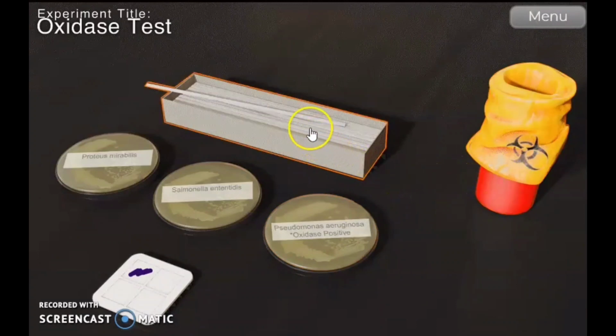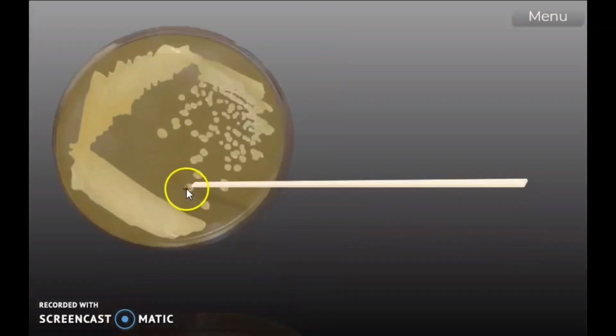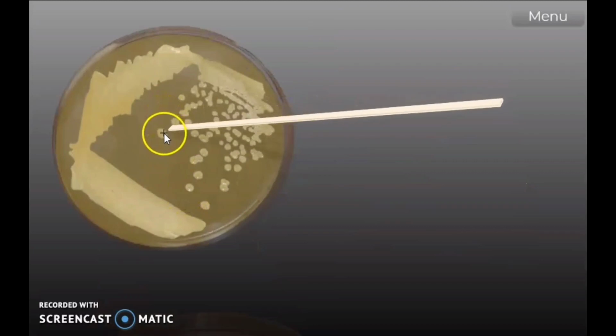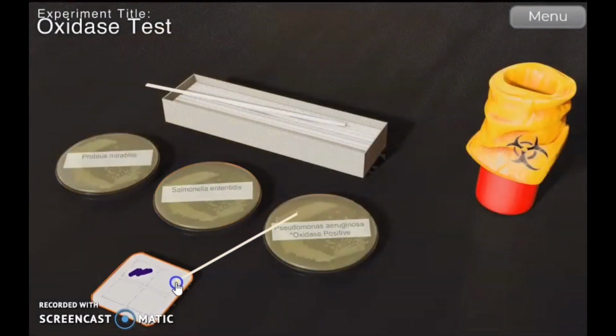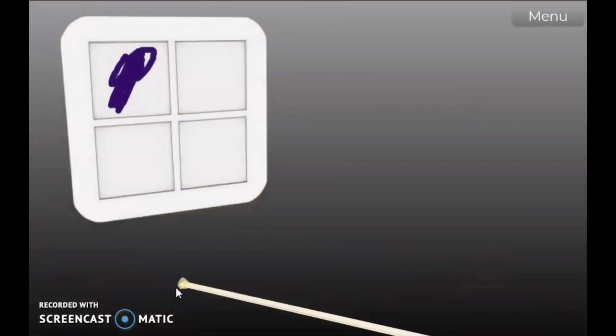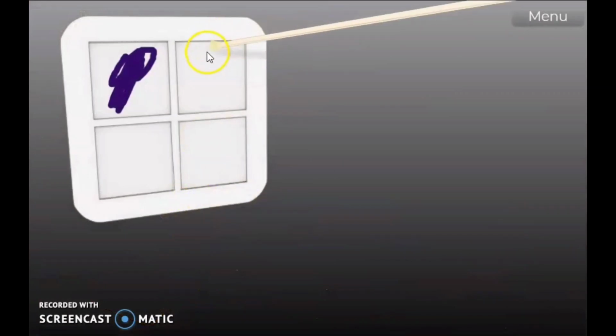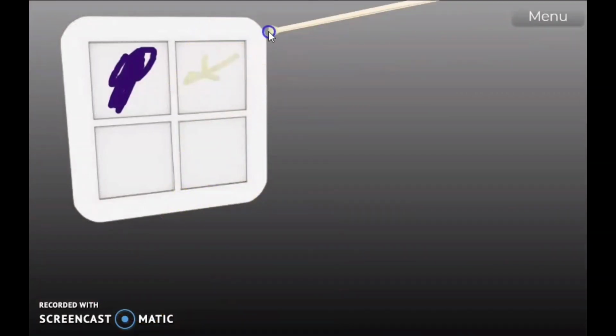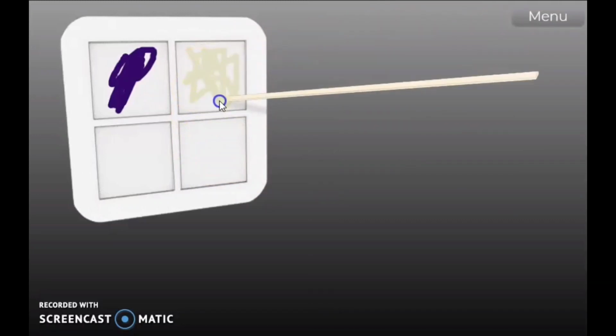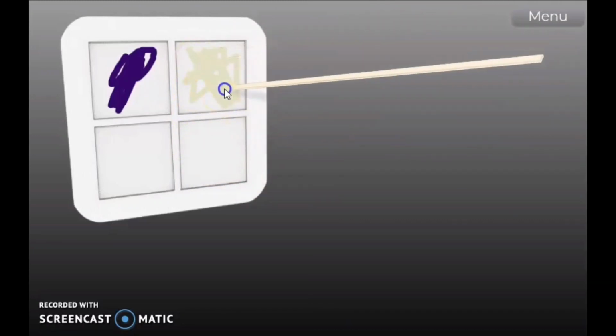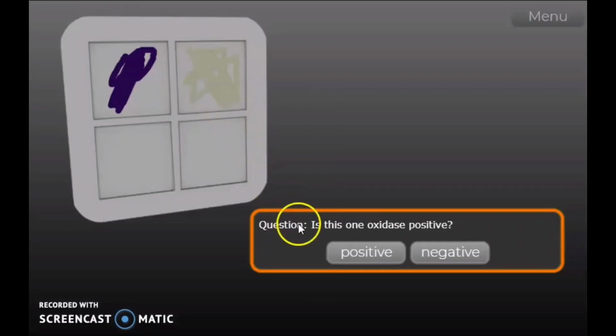After that, repeat the procedure for another bacteria. Rub the bacteria onto the slide. And then the color is yellow, so that means negative.